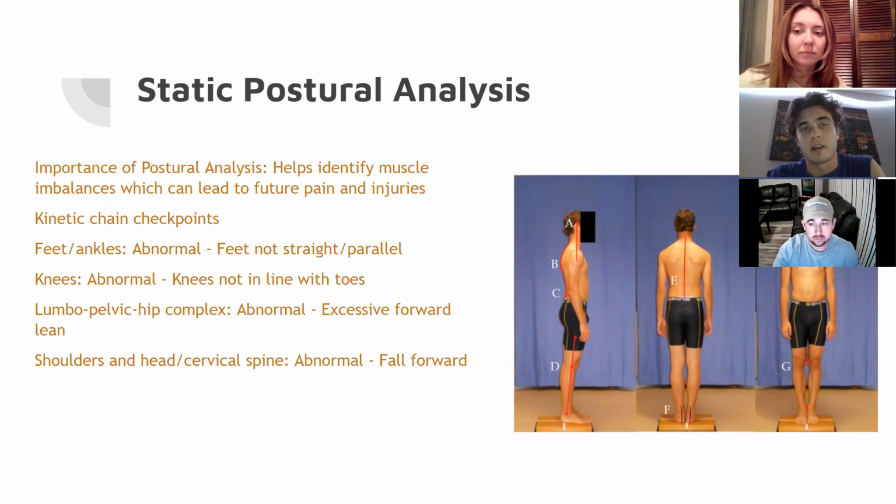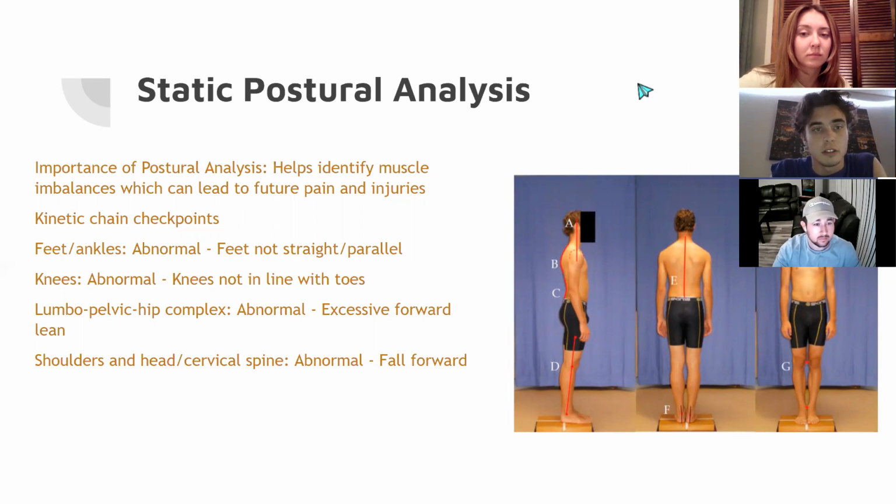We need to identify these muscle imbalances so that future injuries and future pain issues can be avoided. When we are doing this postural analysis, we need to start from the feet up, moving on to the knees, along with the hips, spine, shoulders, and head and neck, and so forth.